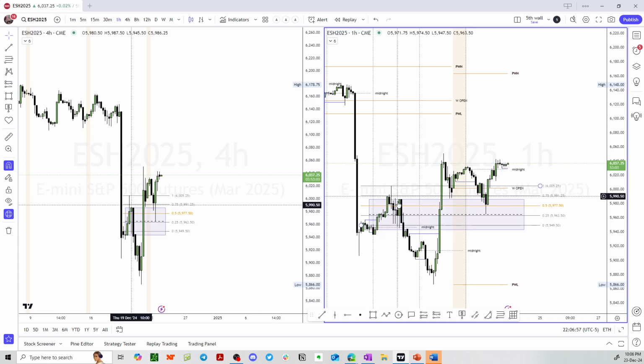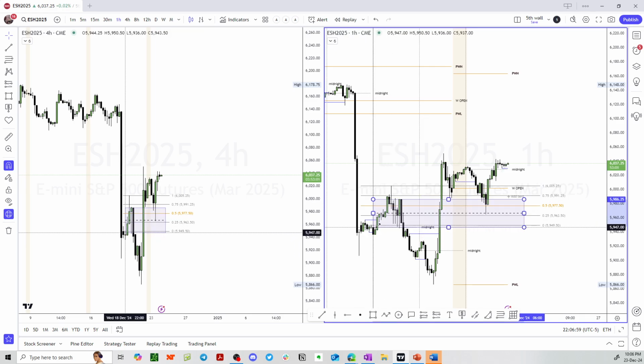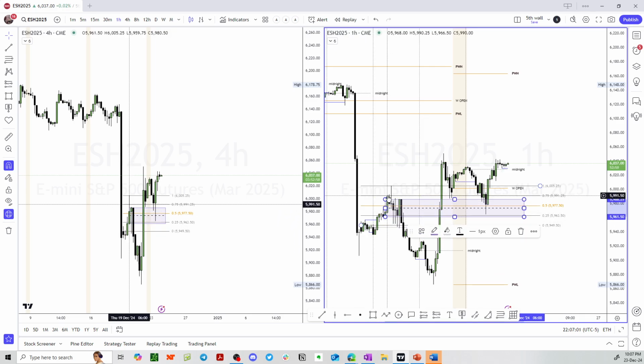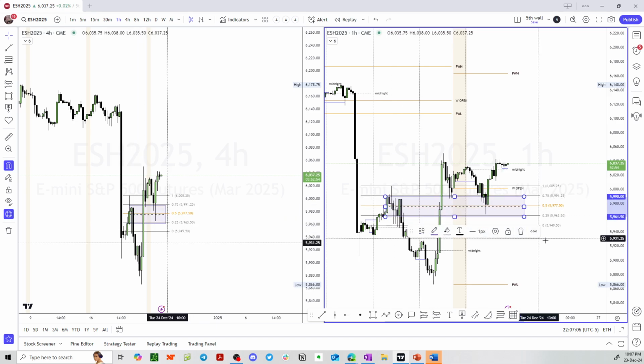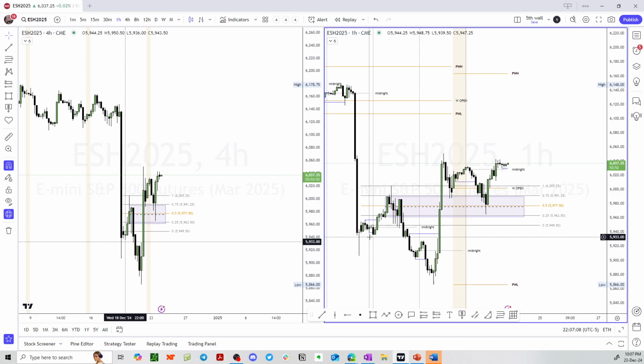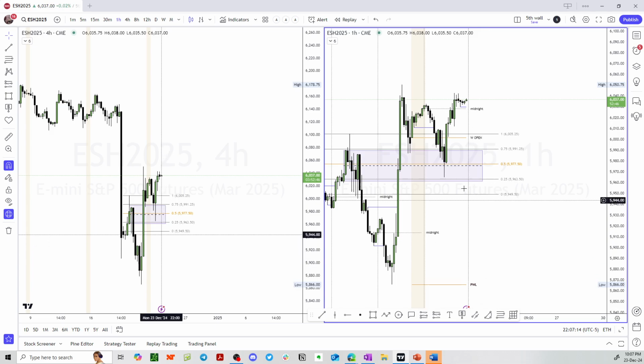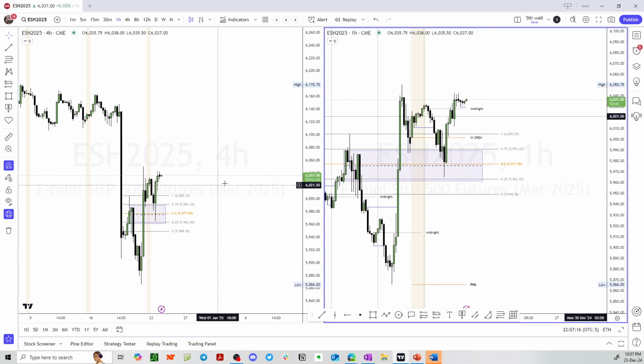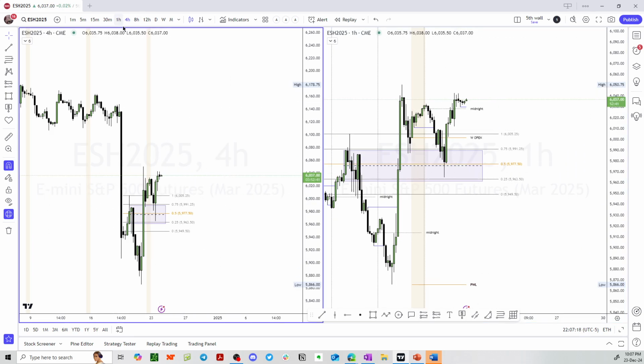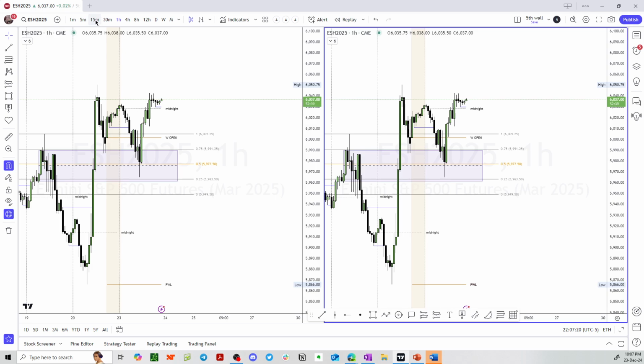If you don't like that breaker, you can use this 1 hour breaker block here. And you can just keep stepping down.